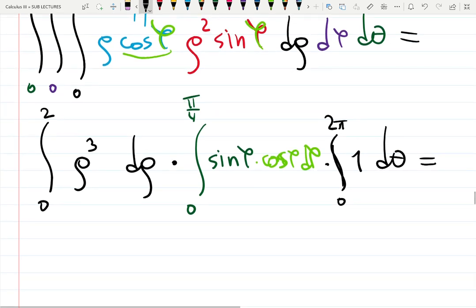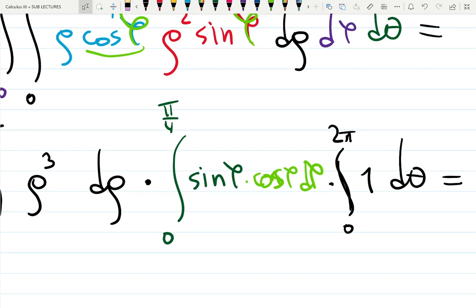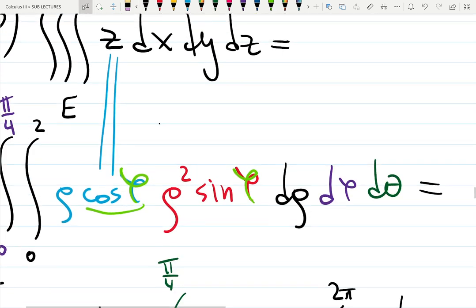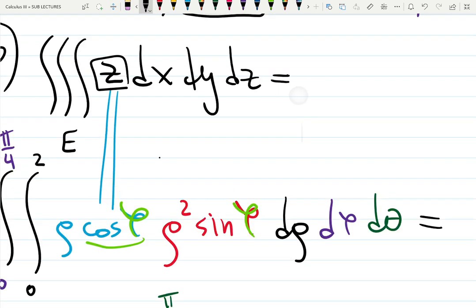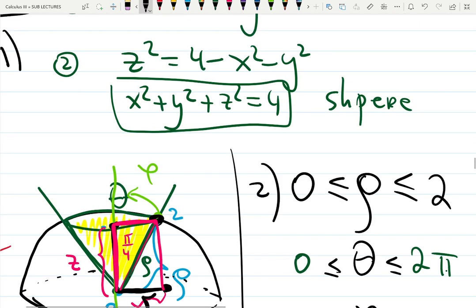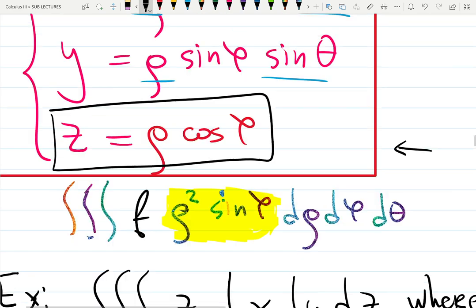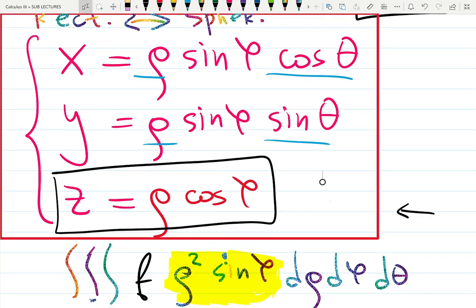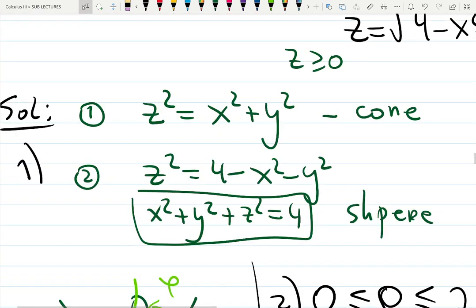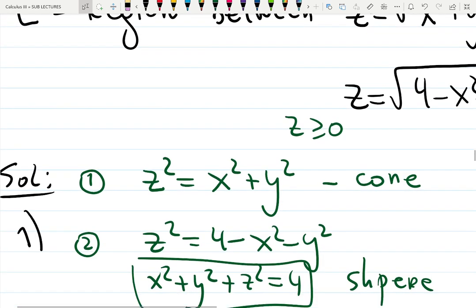Is that where you get cosine phi equals sine phi, to get pi over 4? No, we got it from z. Z, by the formula, is rho cosine phi from this table. Every time you see functions of x, y, and z, use these ugly formulas to convert them into spherical. So z was converted with rho cosine phi. But how do you equal z to cosine phi?